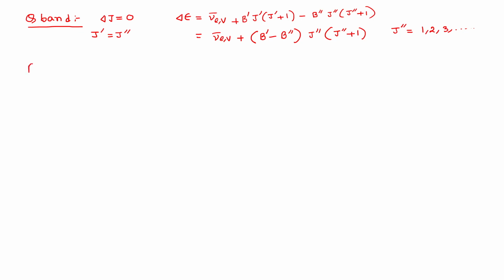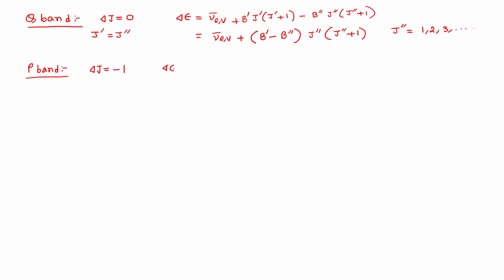What about the P band? Let's see. P band is delta J equals minus 1. Delta J equals minus 1.